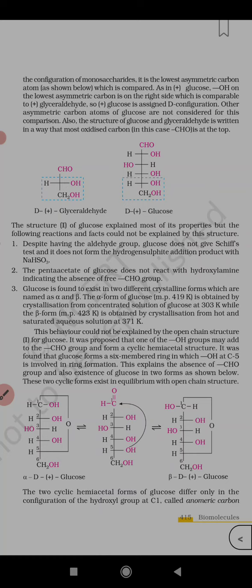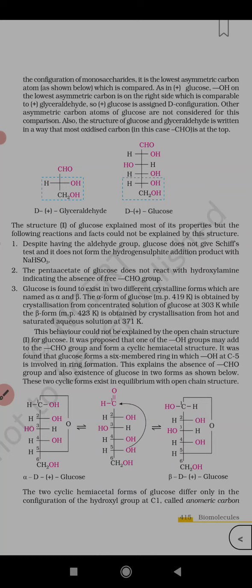The 6-membered cyclic structure of glucose is called the pyranose structure, in analogy with pyran. Pyran is a cyclic organic compound with 1 oxygen atom and 5 carbon atoms in the ring. It is a 6-membered ring, but 5 carbon atoms and 1 oxygen are in the ring.